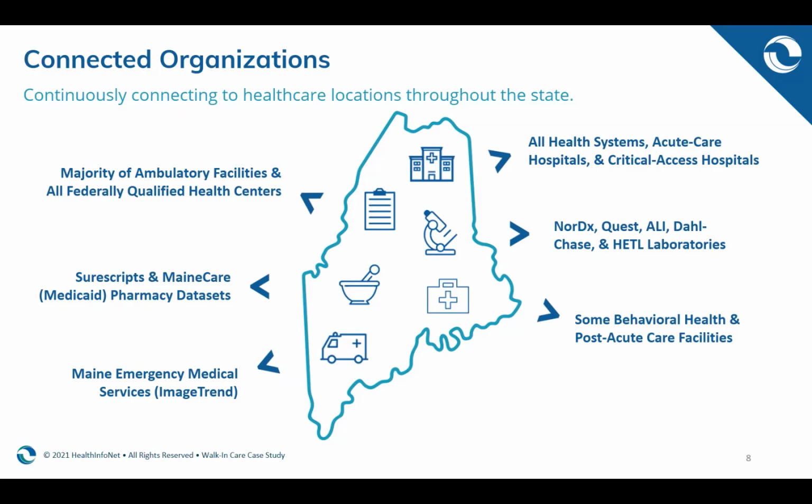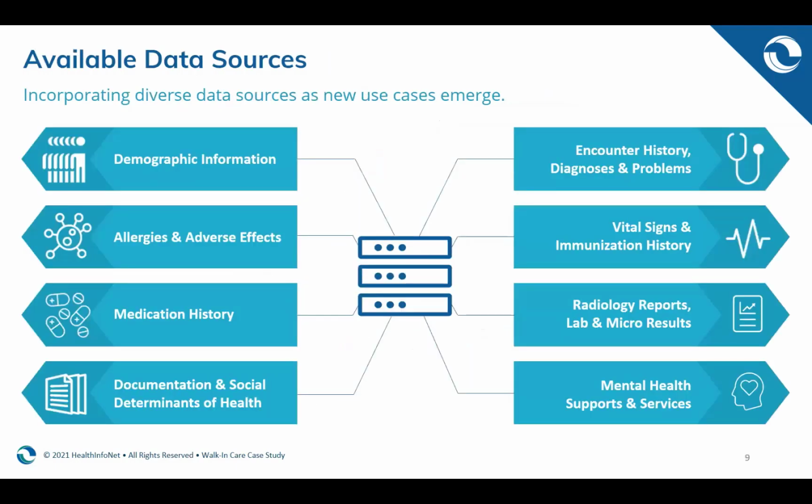So you can see our data is throughout the state from a lot of different facilities and organizations. What is available in the clinical portal for your view as a walk-in clinic provider and healthcare worker?